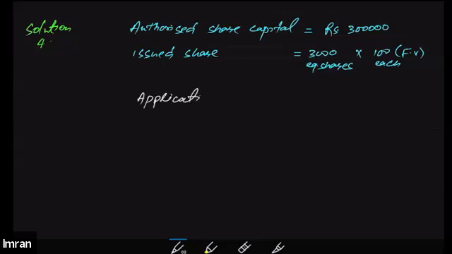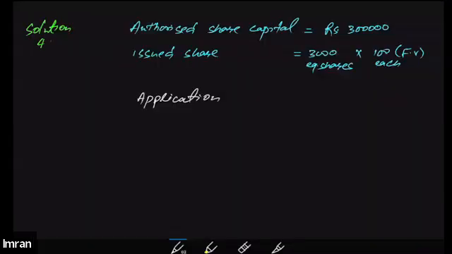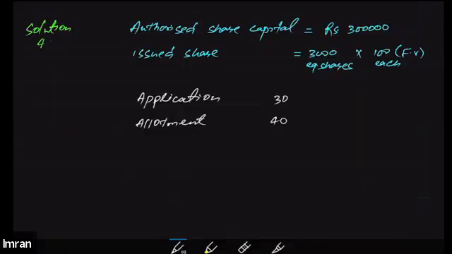On application, we will be receiving 30 per share. Then on allotment, we will receive 40, and the remaining on first and final call. So the third installment will be the first and the last installment. First and final call.